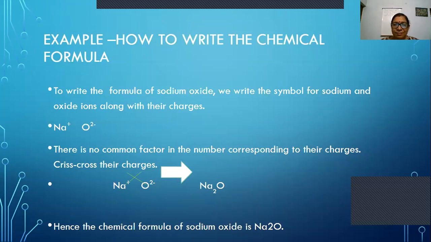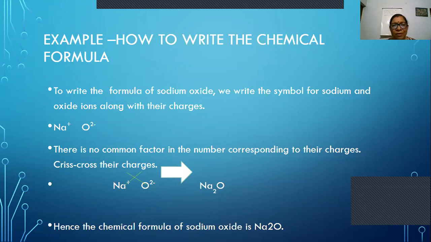So let us try to write the formula of one compound. I have selected the compound sodium oxide. To write the formula of sodium oxide, we write the symbol for sodium and oxide ions along with their charges: Na+, O2-.